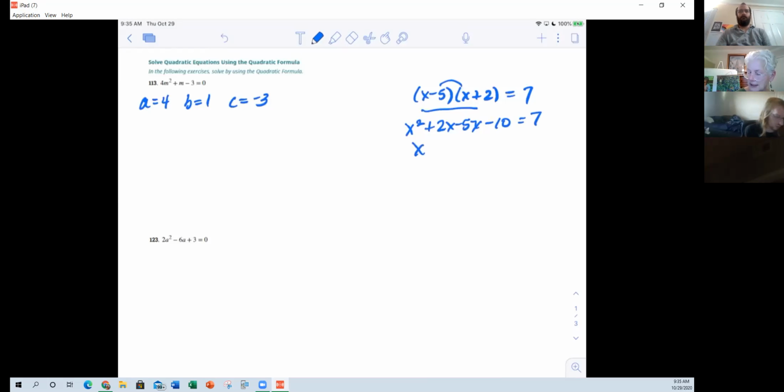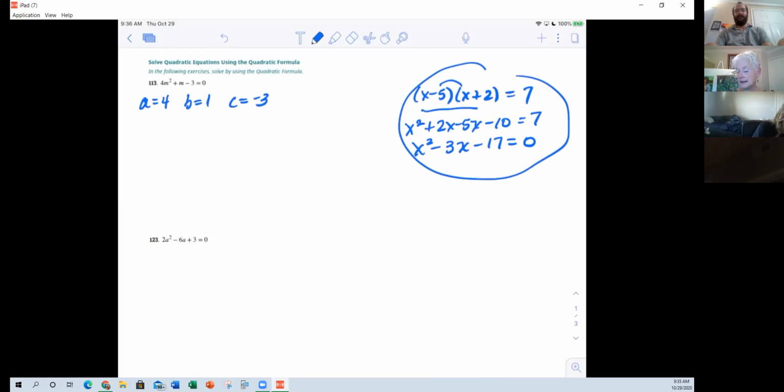And so then this would be x squared minus 3x minus 17 equals 0. And then you would use the quadratic formula. So there will be one like this on the homework where you have to actually do that first. Otherwise, it's a pretty short assignment, but there is one like that on there.